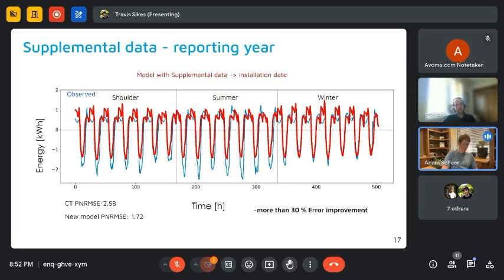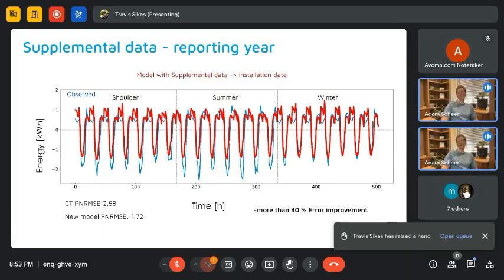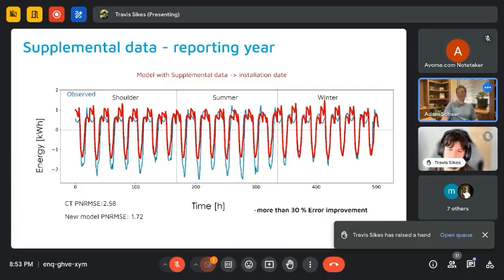We have a bunch of meters where there are varying time periods in the baseline period with solar installed, but not the entirety of the baseline period. So how much data is actually needed in the baseline period to consider a model valid when there was that fundamental change of the PV installation?